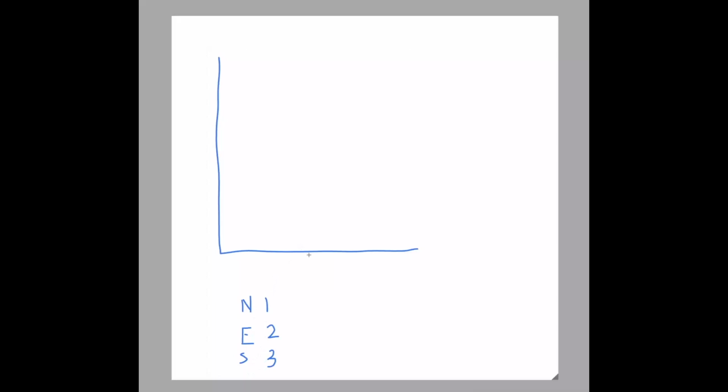Assuming our start point is somewhere here, just so we can visualize it better, we're going to read each line of input, which is going to be north, so we go up, one step. Since this is going to be a grid, let's assume this coordinate is 0, 0.